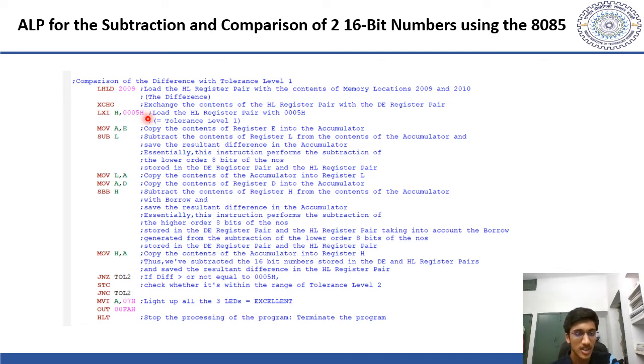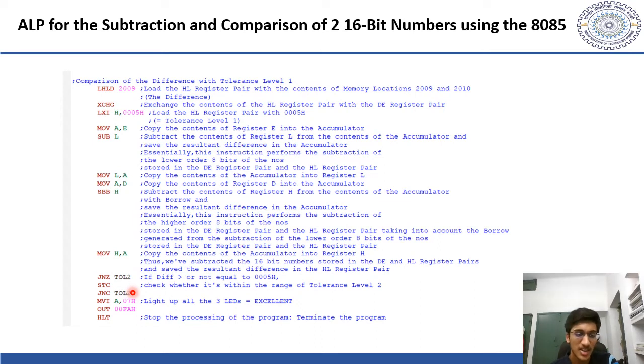Now, whenever the subtraction is performed, 3 cases may possibly be observed. If the resultant difference value obtained earlier is going to be less than the tolerance level value, then it is essentially going to generate a carry.